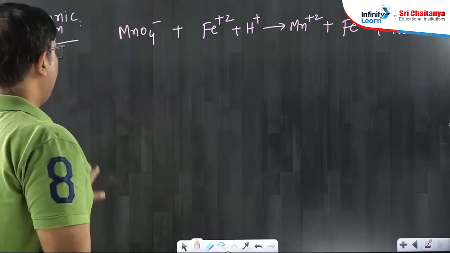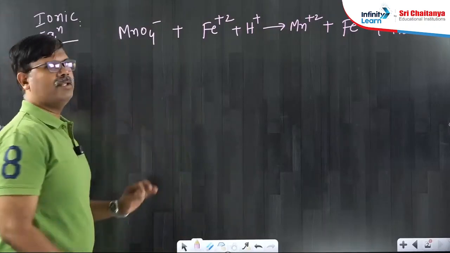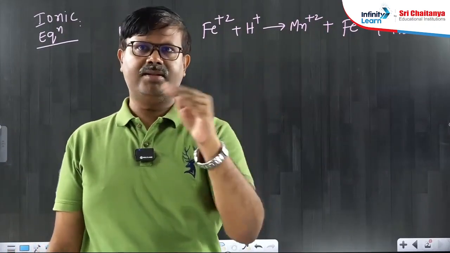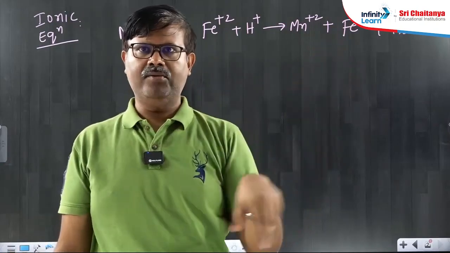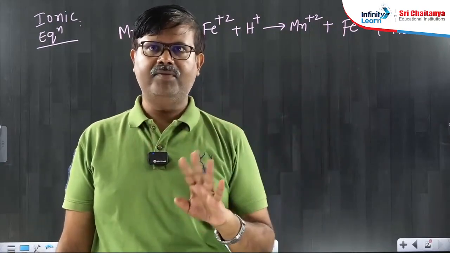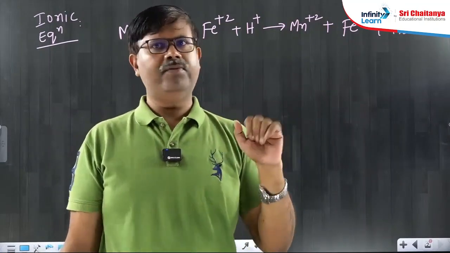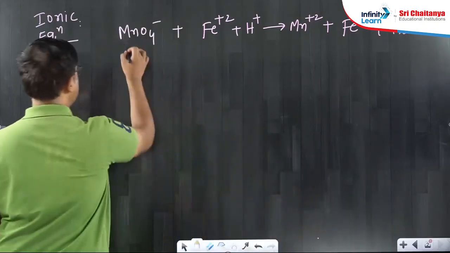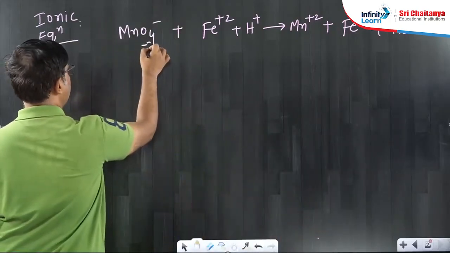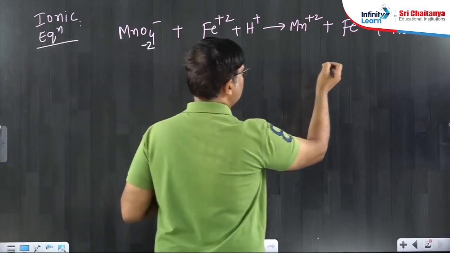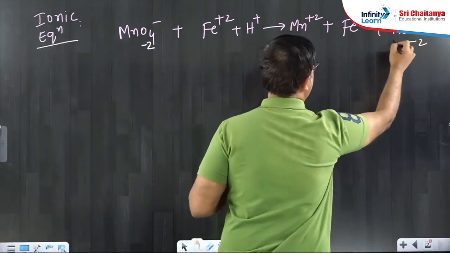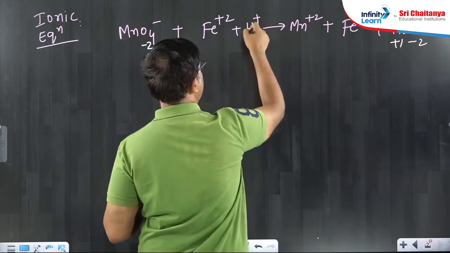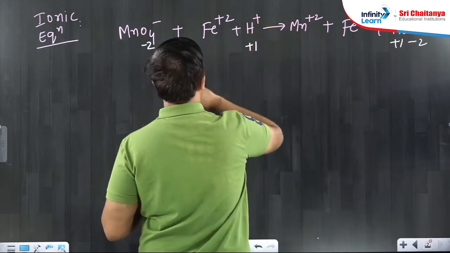Okay. Now how to balance? What is the first step? As we have seen earlier, first write the oxidation states and see which are undergoing change. Balance them first. So let's find the oxidation states. Oxygen is minus 2, hydrogen plus 1, visible here in the ion H plus, so plus 1.